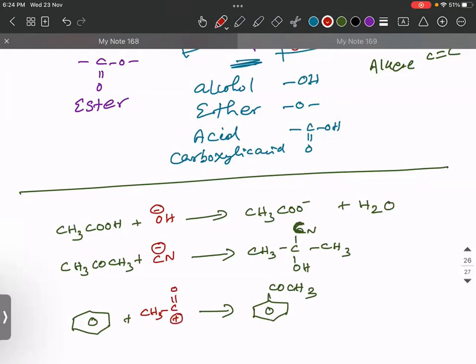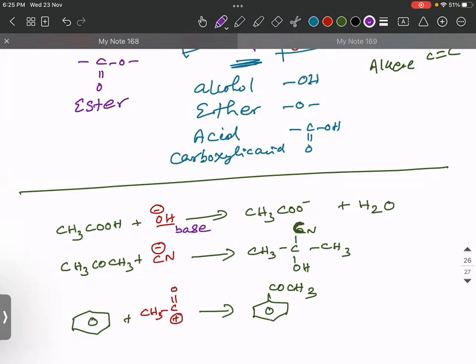Tell me what is the reagent in the first case: nucleophile, electrophile, free radical, or base. So this will become nucleophile. What is the meaning of nucleophile? Why could you consider that? Okay, so it becomes a base because it abstracts the proton. That's why it is a base.